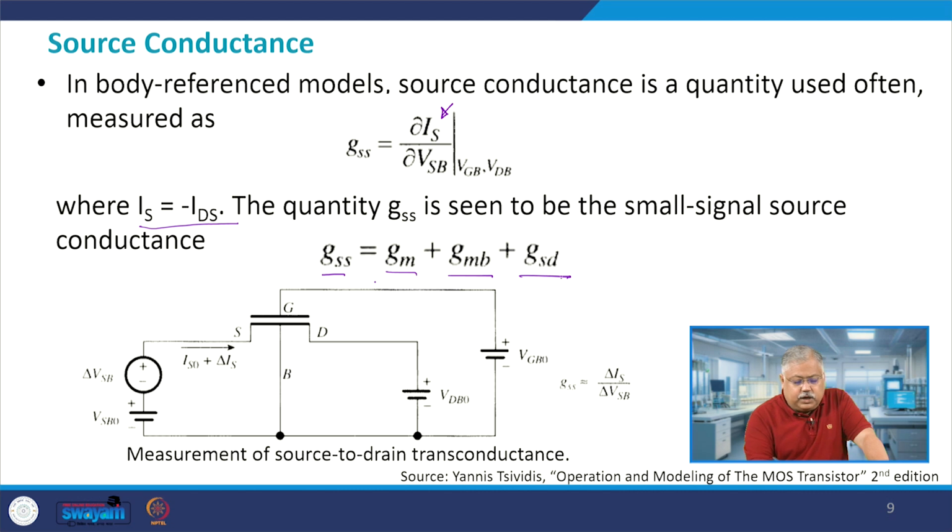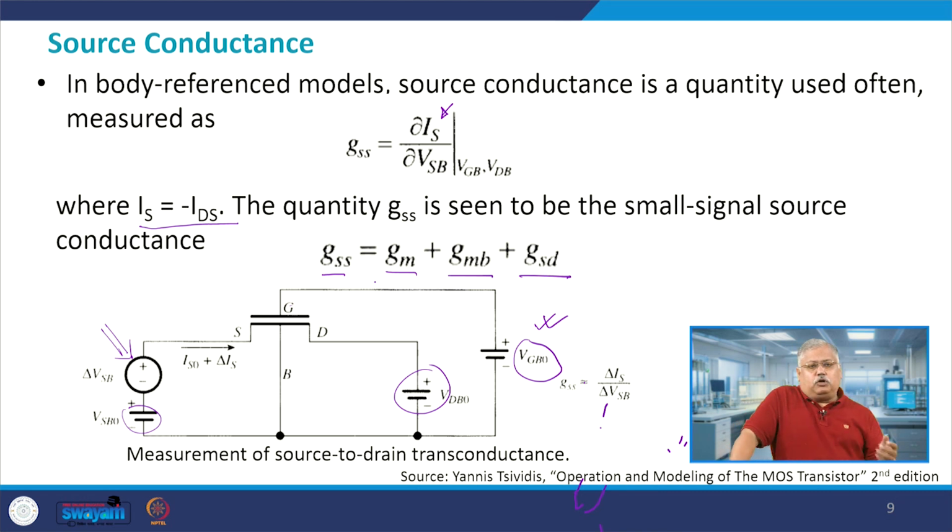There can be three components associated with it, which means that if you take with reference to source, then I have GB0, gate to bulk is 0, VDB0. This is again source referenced or body referenced, right. So, this is your VDB0, then you have got VSB0. What I am doing, I am giving a small change in the value of VSB, source to bulk.